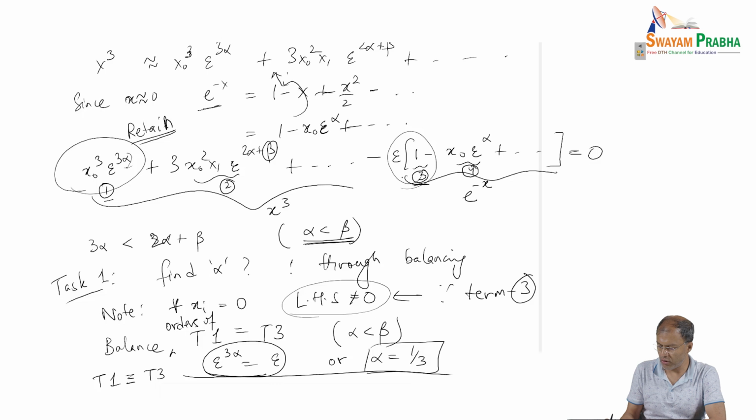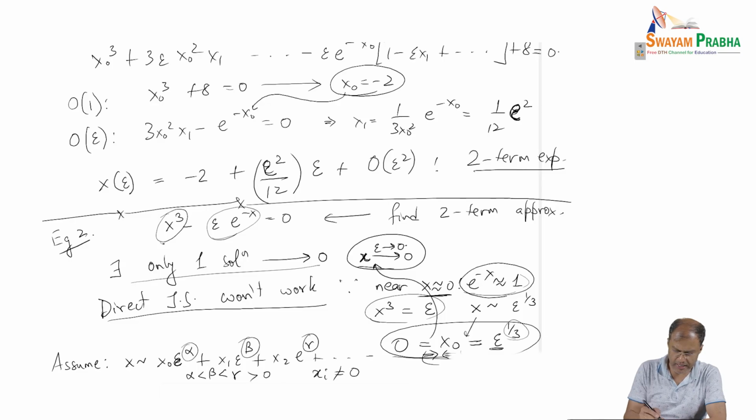So now we have not only found x naught, we have found the power of alpha as well, together with x naught. Now the next task is, the original problem said that we needed to find a 2-term expansion. So the next task is we want to find what this beta is for the two-term expansion.